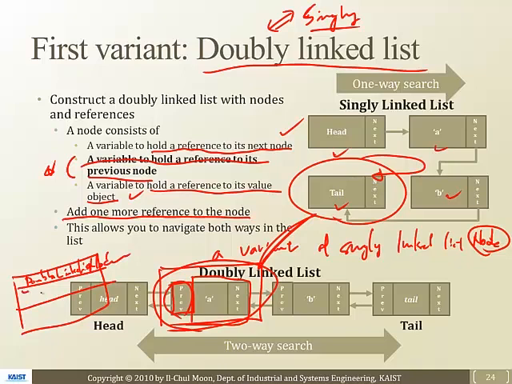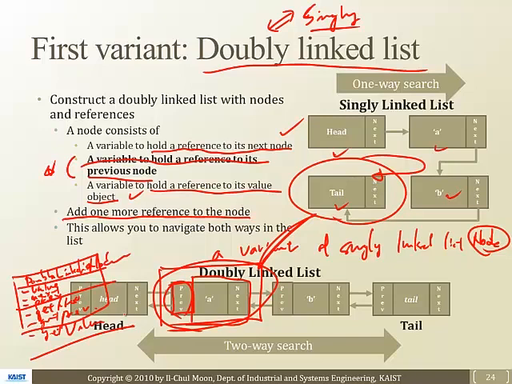And then you have three variables: value, next, and previous node. And then you will have get next, get previous, get value, and so forth in this doubly linked list. Okay, so it's a pretty easy alteration.